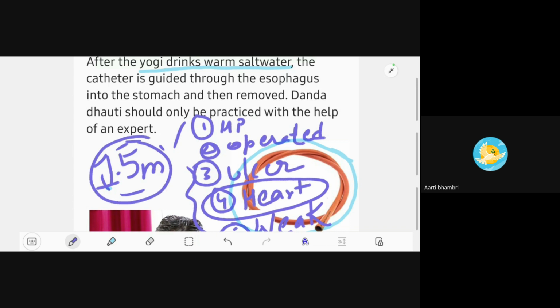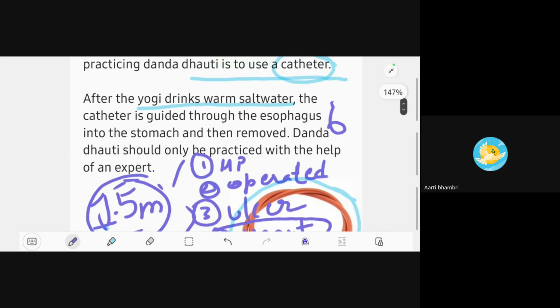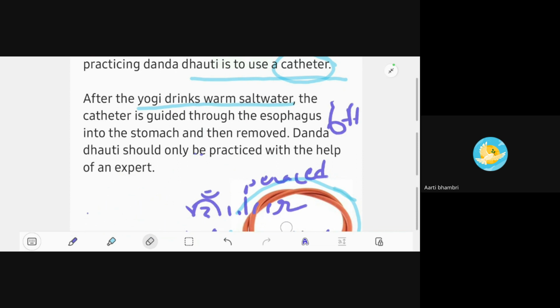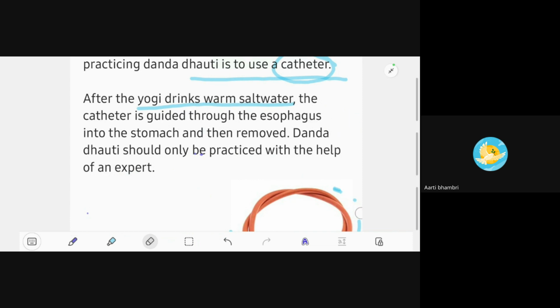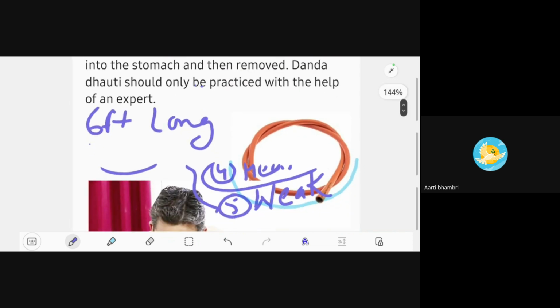Definitely, I read somewhere it's six. Okay, I'm really sorry. It's 6 feet long nearly, and which is 1.5 meter nearly.